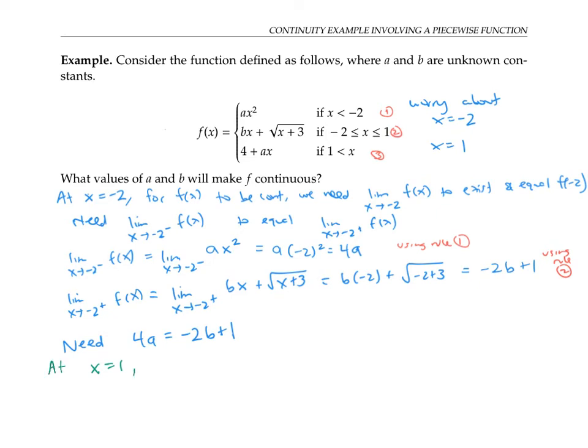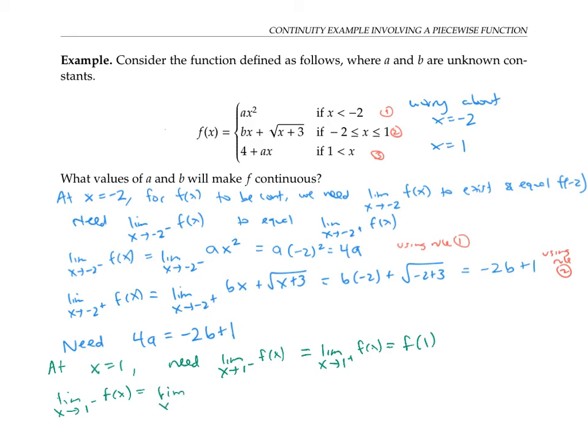At x equals 1, we need the limit as x goes to 1 from the left of f of x to equal the limit as x goes to 1 from the right of f of x, and those to equal the value f of 1. Well, to evaluate the limit as x goes to 1 from the left, we need to use Rule 2.